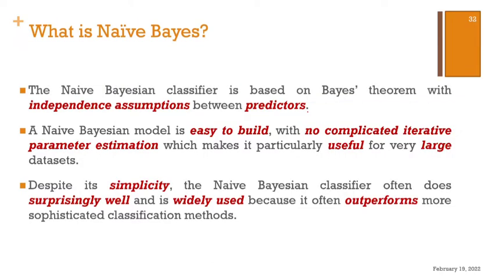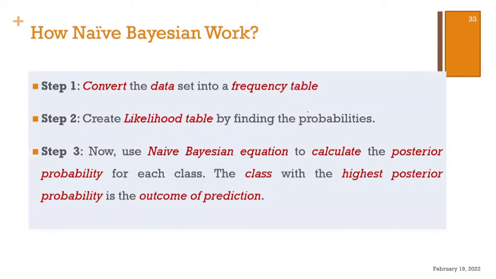We looked into it, and especially we discussed the 3 major steps that are often taken when you use a naive Bayesian classifier. The first step is to convert it to a frequency table. The second one is to create the likelihood table from the frequency table, and then you use the Bayesian equation to calculate the posterior probability.